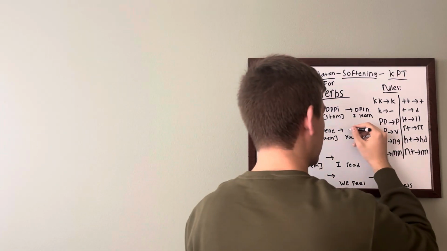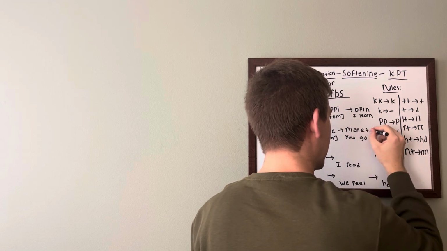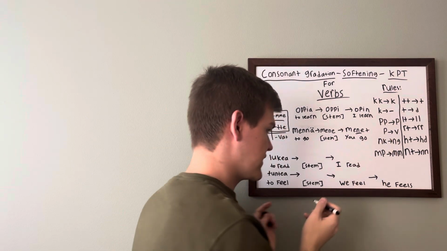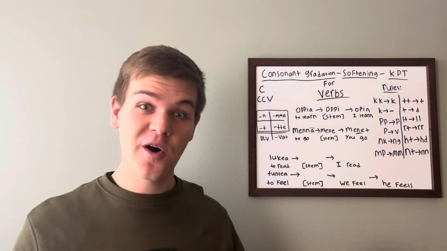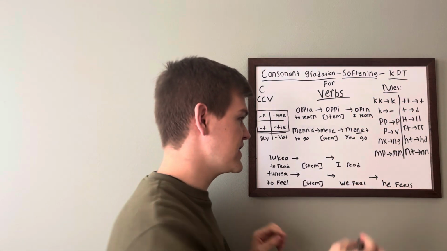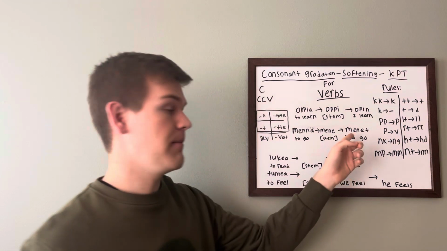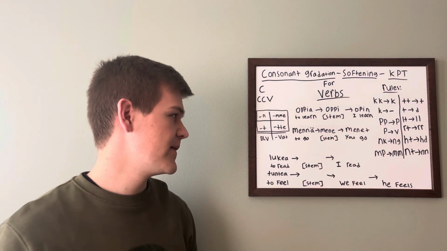So we're going to have to look at a softening. Menet. We look here. N is the first consonant. So we can look at our chart and there's no N. Since there's no N, we can't soften. So we just don't have to soften. So our correct answer is, in fact, menet. We don't have to do anything else, just menet.